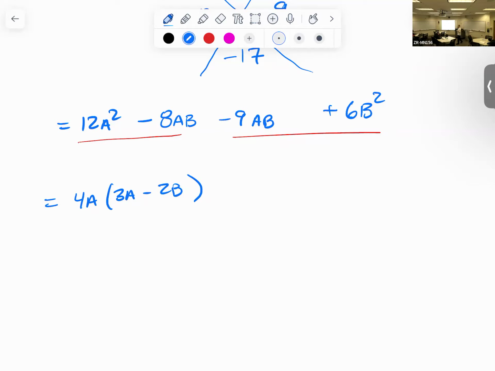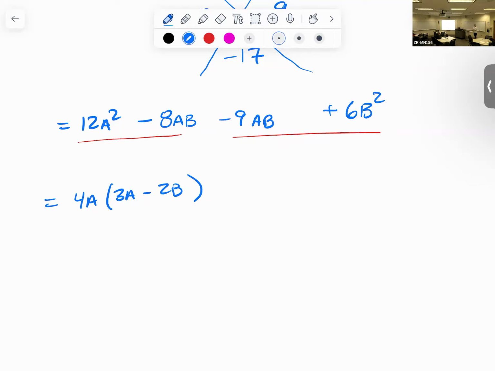Brian, what do we do with the square? I factored it out. A times A becomes A squared. A times B is AB. Variable multiplication is actually way simpler than we think.